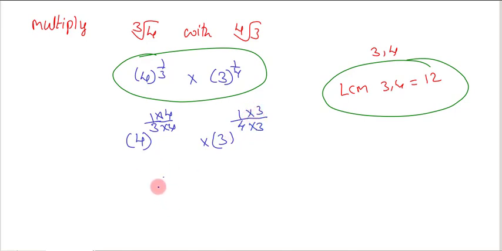Now I can write it as 4 to the power of 4 by 12 into 3 to the power of 3 by 12.